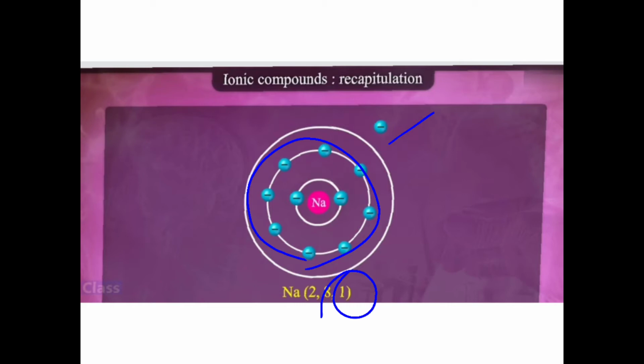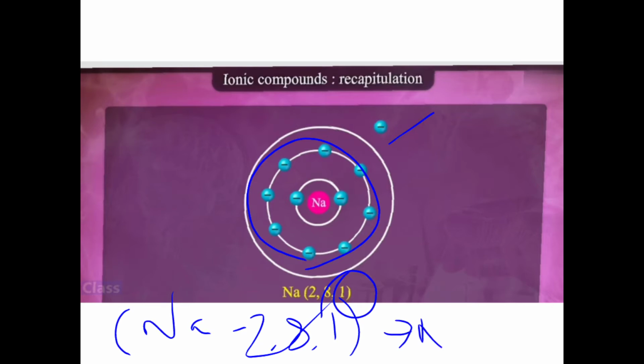Now children, when the sodium, which is 2, 8, 1, just gives away one electron, how will it become? It will become Na, then just 2, 8, because one electron has gone. Plus one charge is developed and it will no more be called an atom, it will be called an ion.